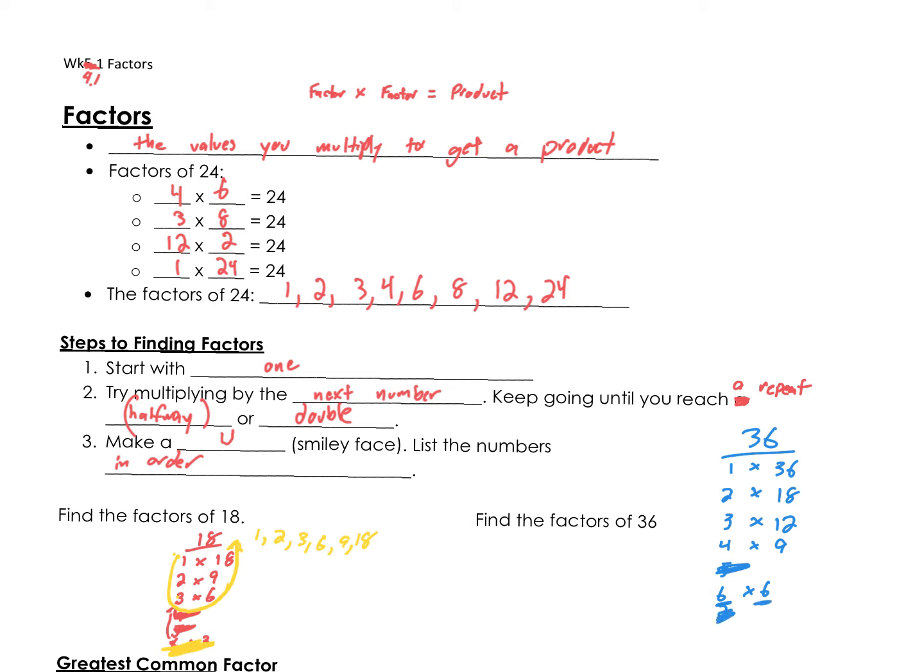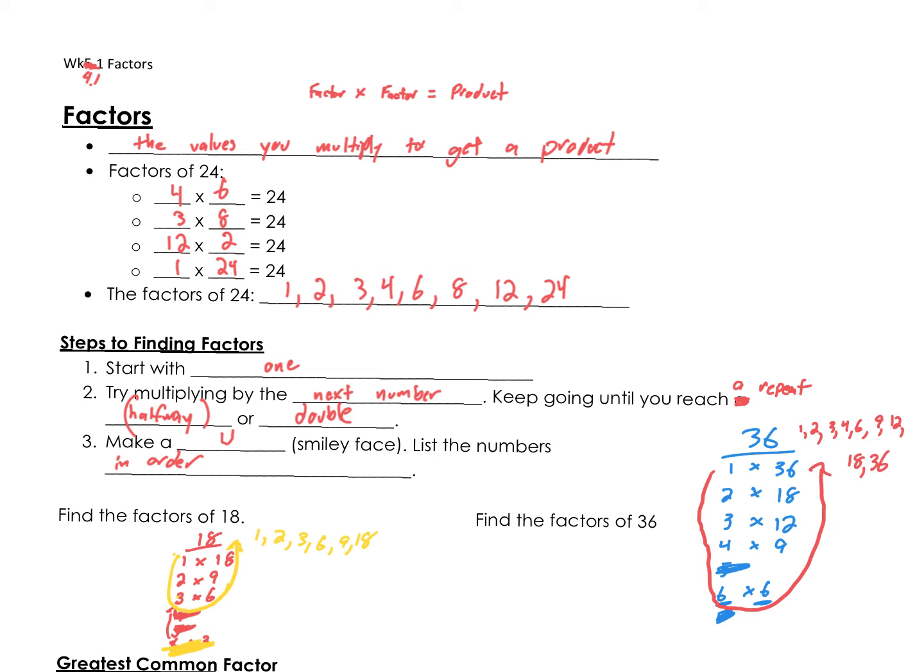Now we make our smiley face, going around the horn that way. So 1, 2, 3, 4, skip 5, 6, we don't have to write 6 twice, 9, 12, 18, 36.